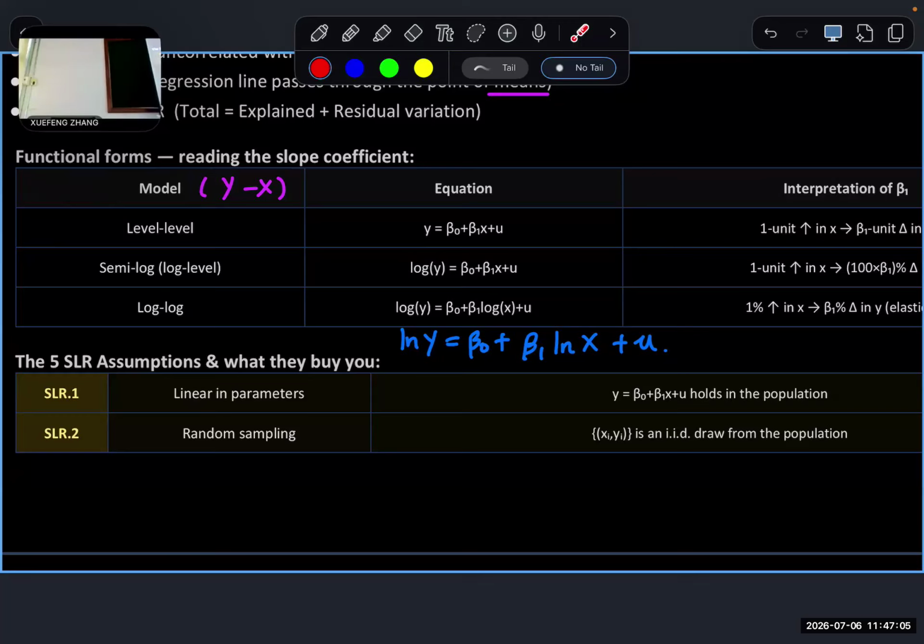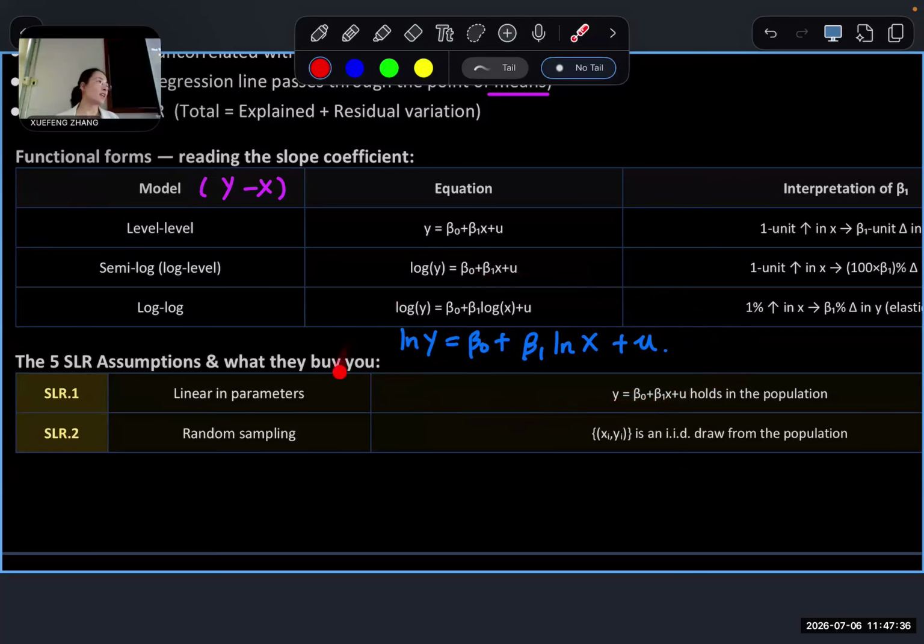After you take log, you have to check, especially for time series, whether the data is stationary or not. If your data is still not stationary after you take log, you can take the first difference, okay? In that case, you need to take the difference on both X and Y and for all your data sets.